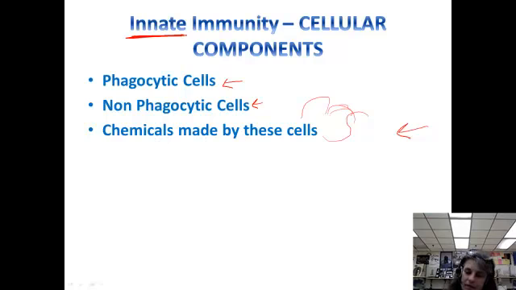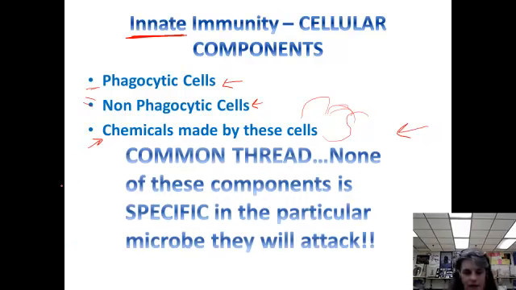Also, a cellular component of the innate response is the chemicals that are often secreted by both of these phagocytic and non-phagocytic cells. They will secrete chemicals that help to fight infection, and we'll talk more about that in a bit. The common thread: none of these in the innate response, none of the phagocytic, non-phagocytic, or any of these chemicals, none of them is specific.